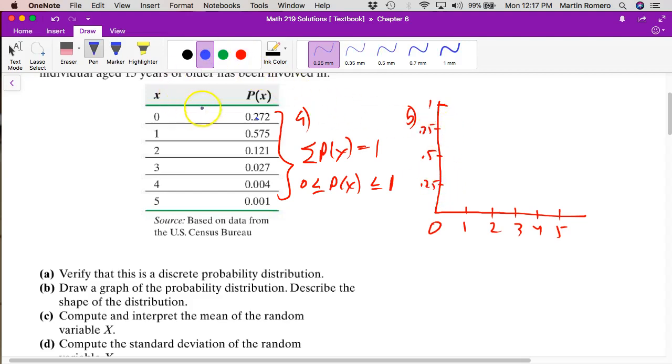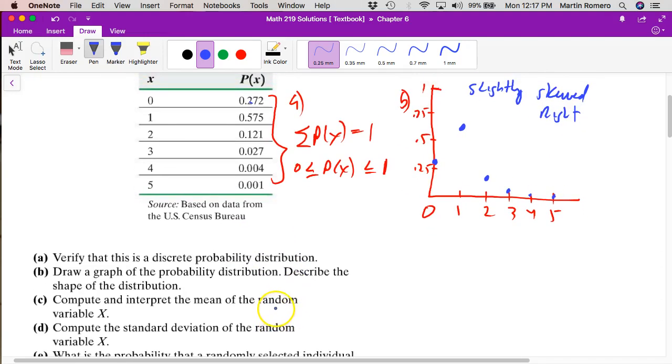I'm just going to approximate 0 and 0.27 would be somewhere in here. 1 and 0.575 is somewhere in here. 2 and 0.121 is somewhere in here. 3 is somewhere down here, then 4 and 5. To me this is slightly skewed right. That's what we have for B.